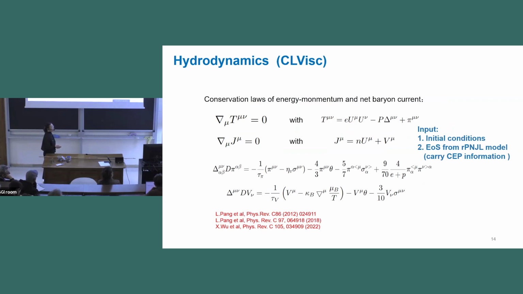This one is from our Pinger model, but you can use any other model. In any case, this equation of state indeed has a critical point, so it carries the information of the critical point. We insert this equation of state into the hydrodynamics.